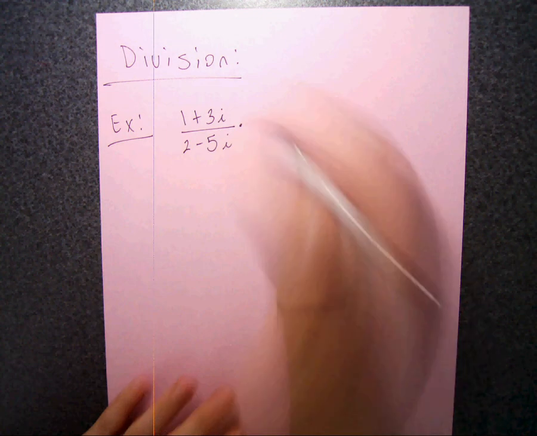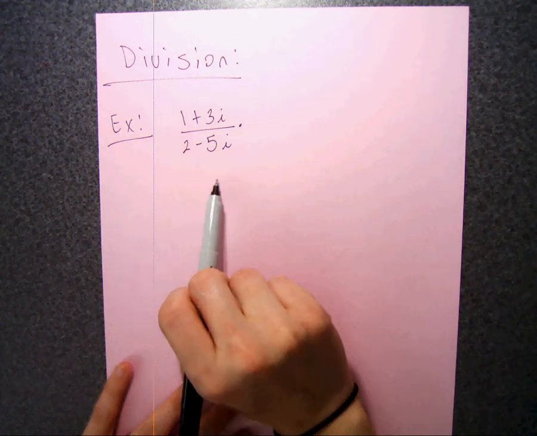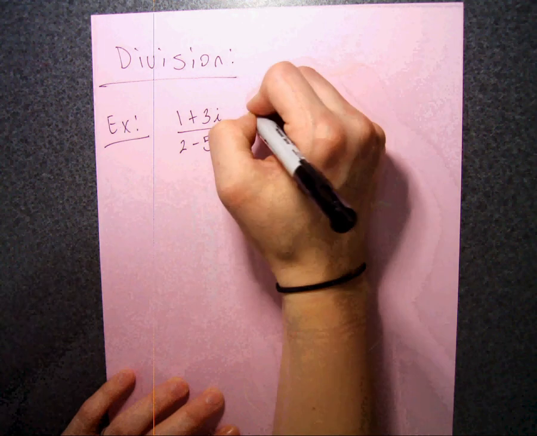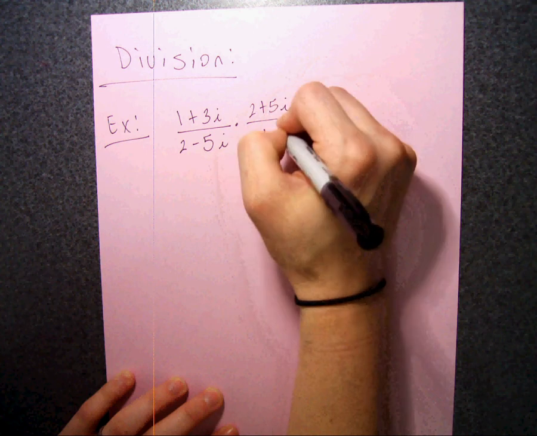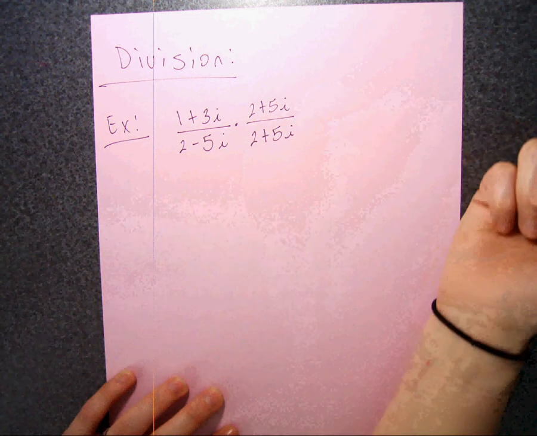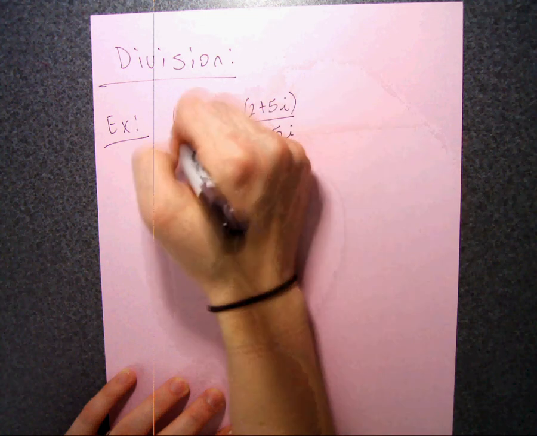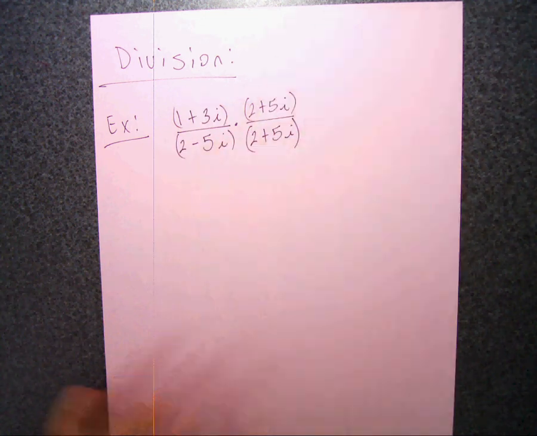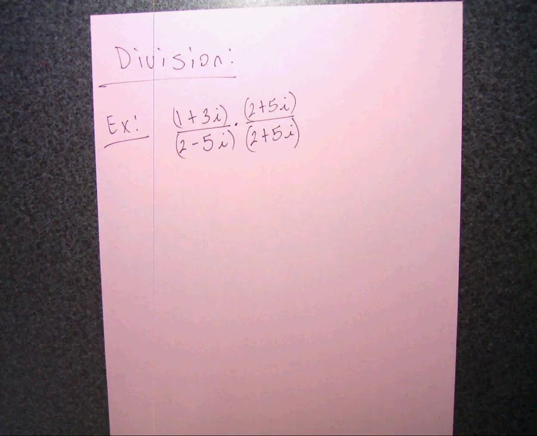So I'm going to multiply the top by 2 plus 5i, and I'll multiply the bottom by 2 plus 5i. And we just looked at how to multiply my complex numbers. I'm just going to distribute, or FOIL, right? Alright, so multiply on the top.